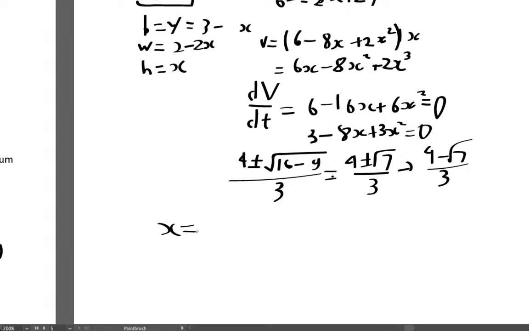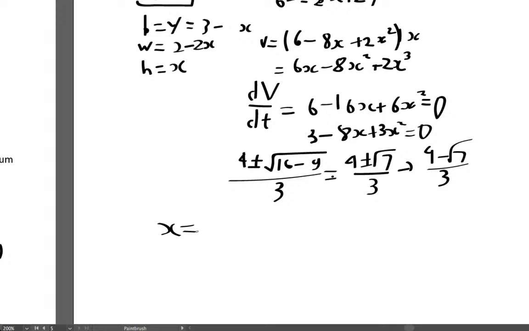So instead I need to put it into the Google calculator. There we go. So it's 4 subtracted by the square root of 7. That's 1.354.